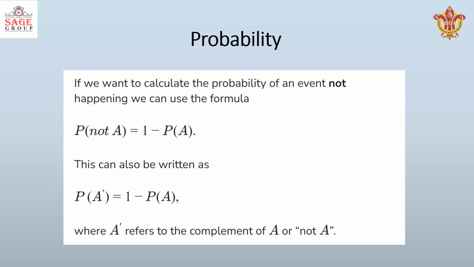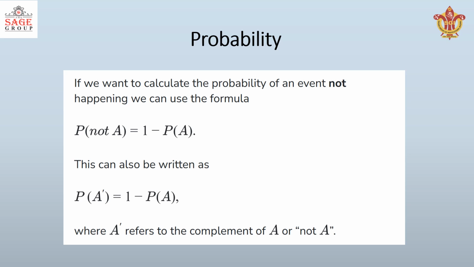Let us now understand a very important concept. If we want to calculate the probability of an event not happening, then we use the formula P(not A) is equal to 1 minus probability of A. It means that the probability of A not occurring is equal to 1 minus the probability of A occurring.